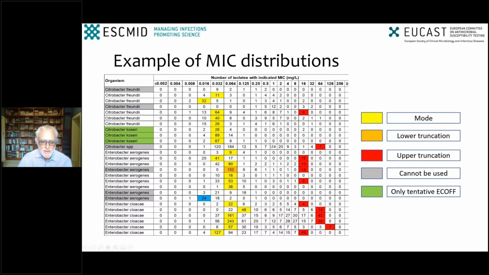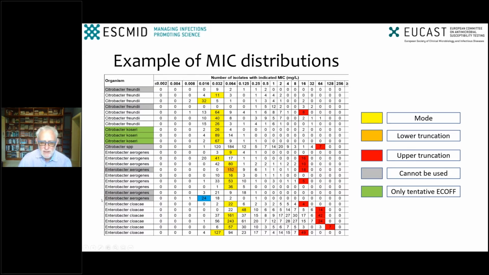There are also other various forms of coding that are not critically important to you if you are choosing to send data, but are subsequently used for accepting distributions for inclusion in ECOFF setting or for excluding the same.